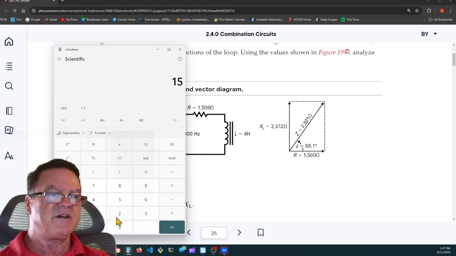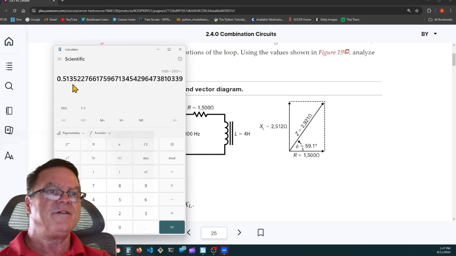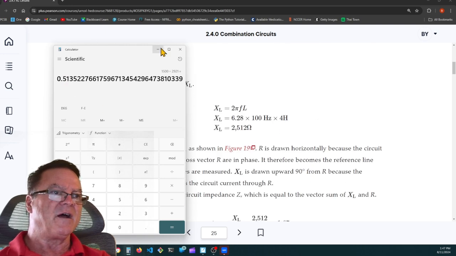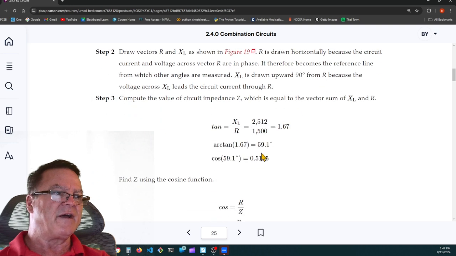We'll do 1500 divided by 2921. And that'll give us the cosine, 51.35%. That's the power factor. Multiply it times 100 and express it as a percentage. It's 51.35%. The cosine of theta is 0.5135. And that's what they found out here, 0.5135.